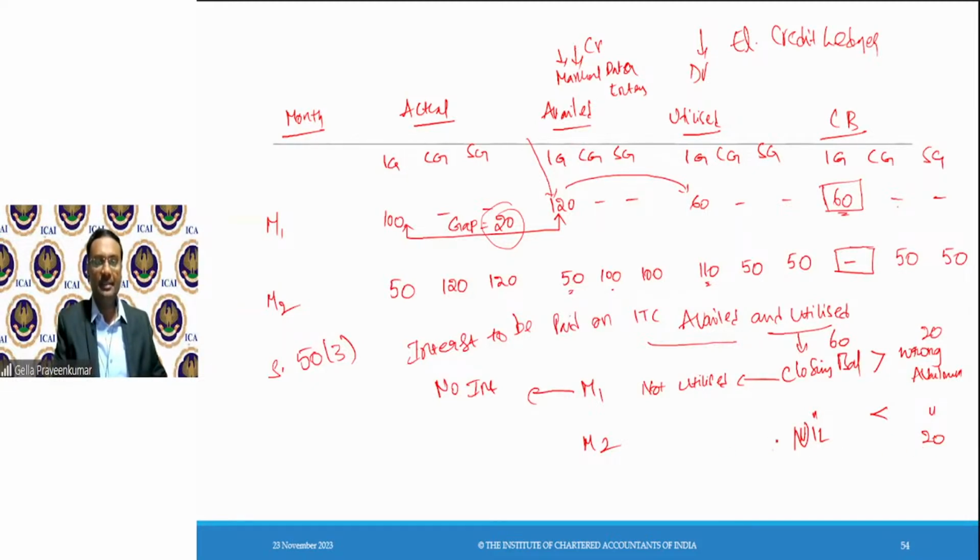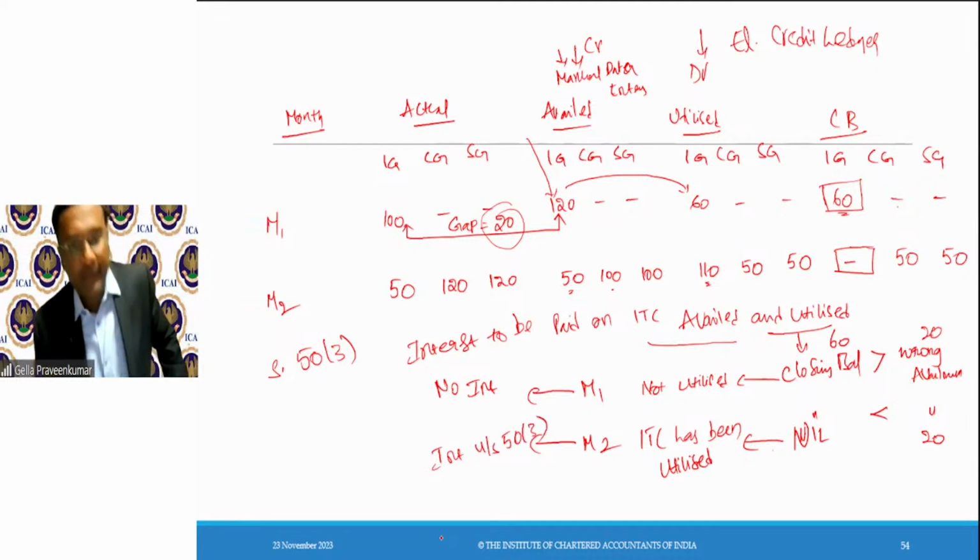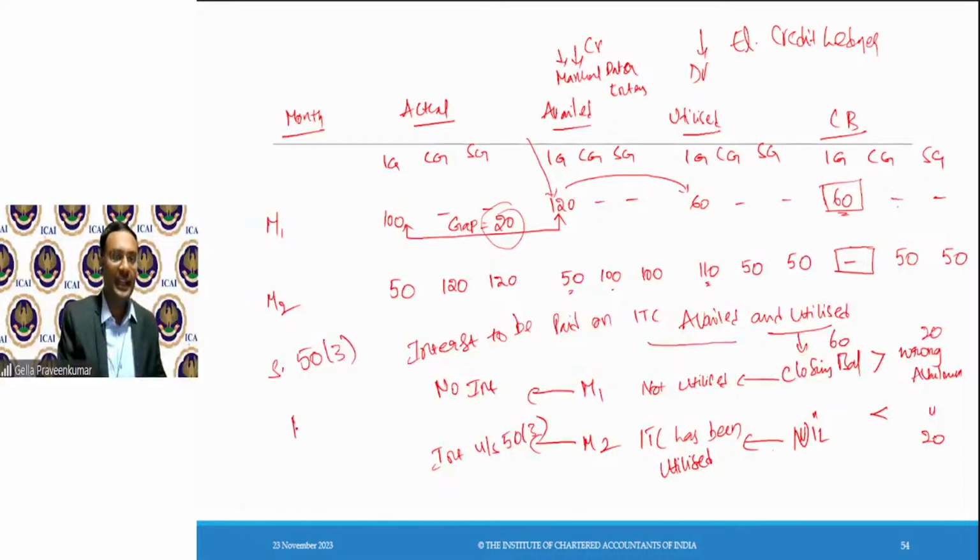This is a case where they say ITC has been utilized, and interest under section 50, subsection 3 has to be paid. And students, for your computation, Rule 88B specifies how this computation has to be dealt with. Please read this provision carefully.